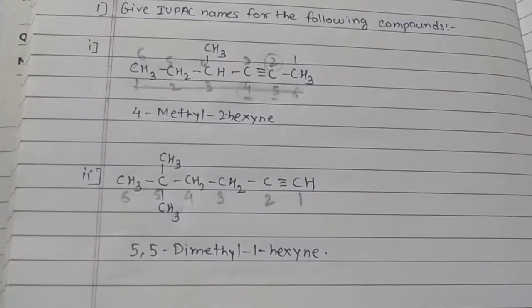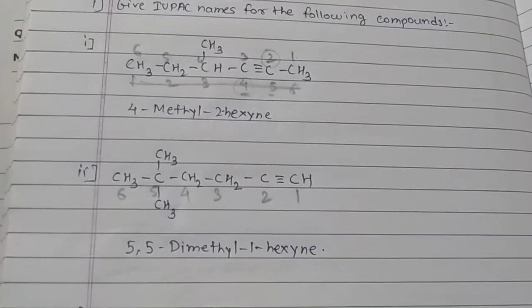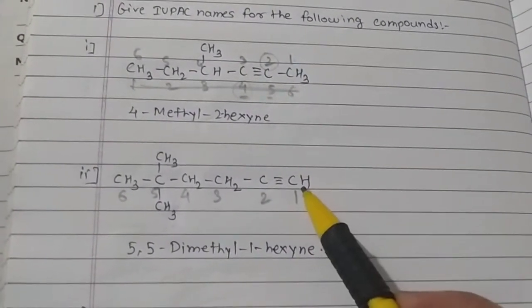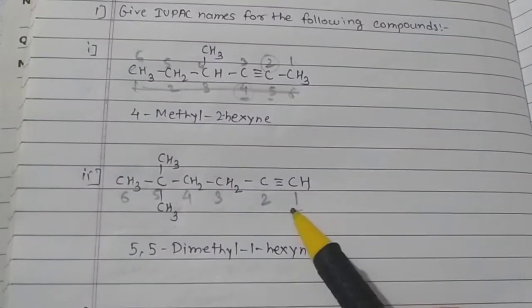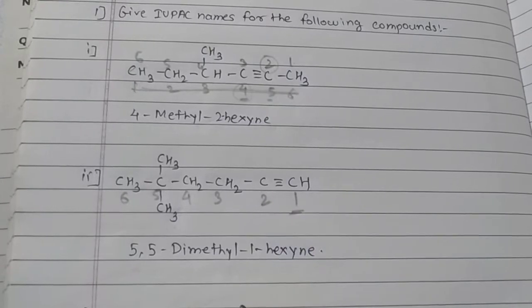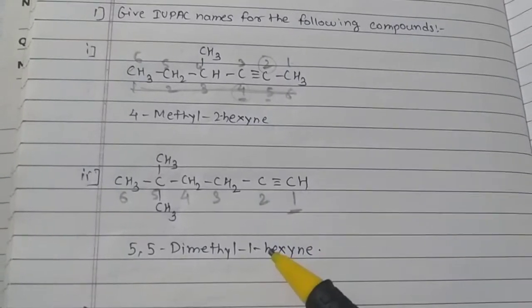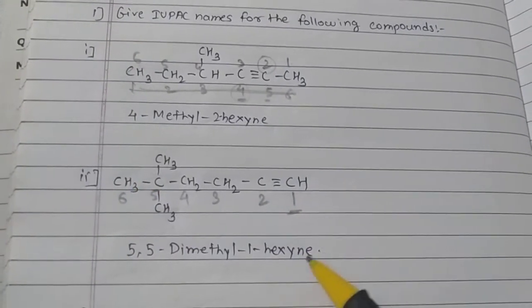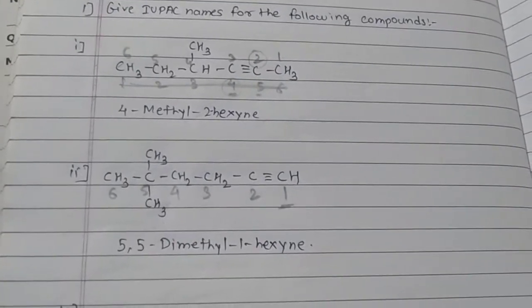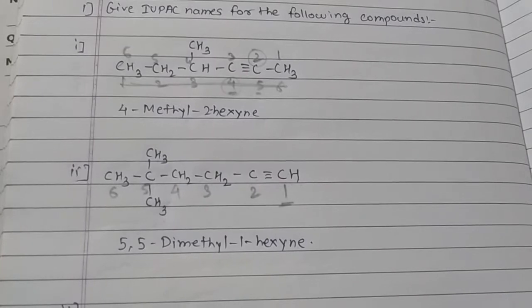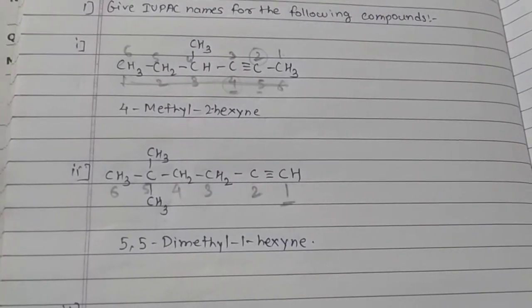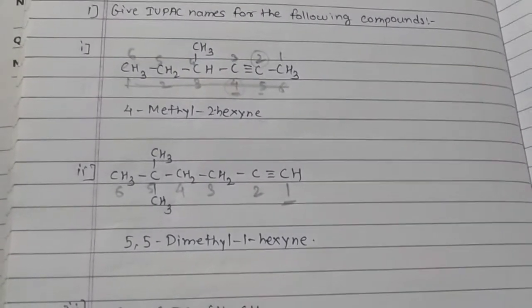So there are 2 methyl groups, so 5,5 dimethyl, and triple bond is in between first and second carbon, so we'll number it as 1, less number is considered, and 6 carbon, so hexyne. So 5,5 dimethyl 1 hexyne, or we can also write 5,5 dimethyl hex 1yne. Both are correct.